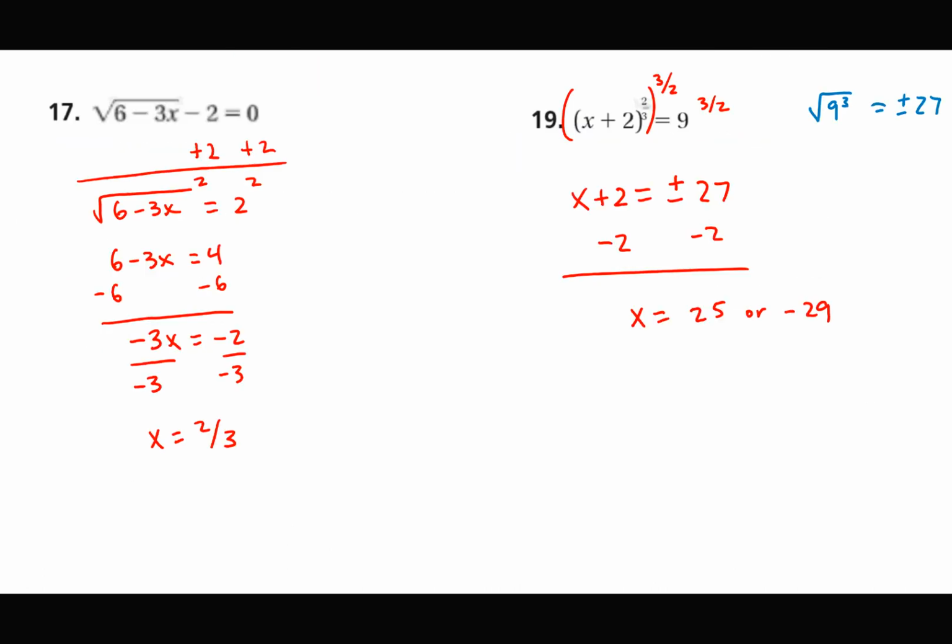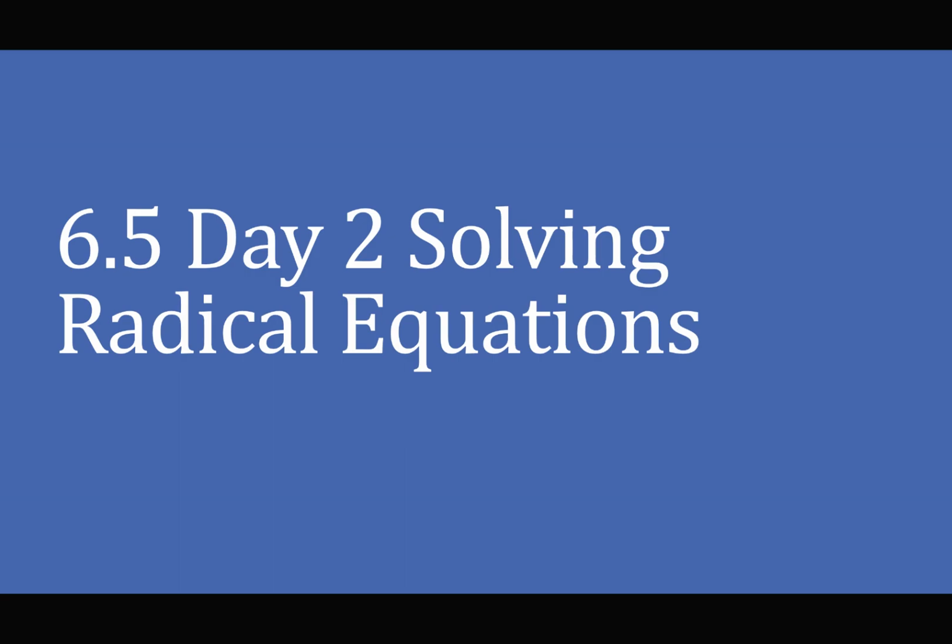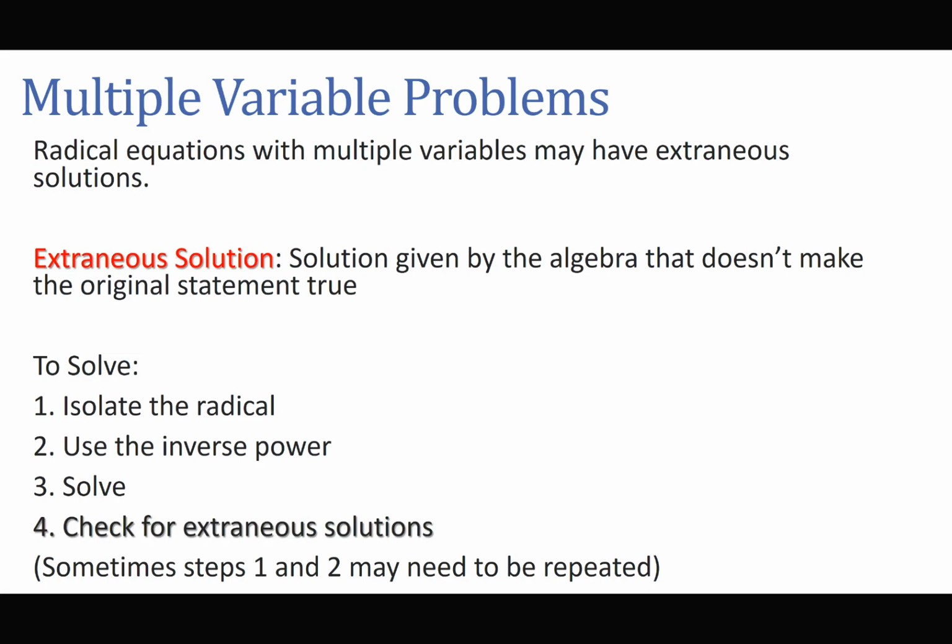All right, so we already took a look at that board problem. There's our other problems. So here we go. 6.5, day 2, solving with radicals still. So radical equations with multiple variables may have these extraneous solutions.